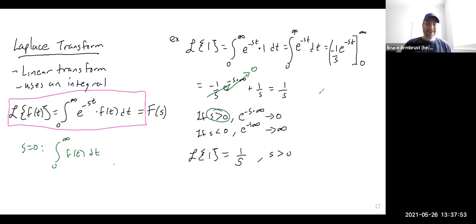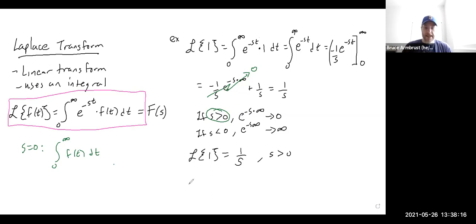Anyway, so there's the Laplace transform of one. So let's try another one, something a little bit more complicated. Oh, but by the way, you now know how to get the Laplace transform of any constant, because remember that this is a linear transformation.